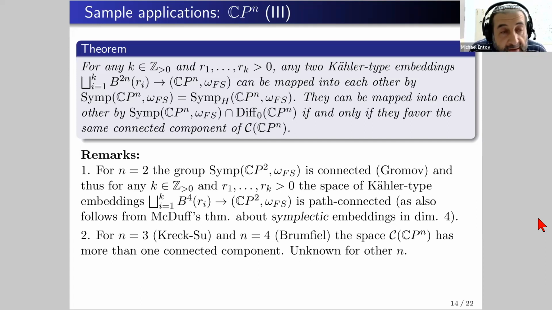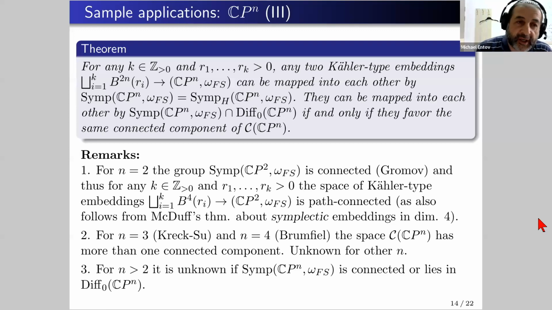And for other n, it's actually unknown. For CP10, it's not known whether the space of complex structures on CPN has more than one connected component. Also, let me remark that for n greater than 2, it's unknown whether the group of symplectomorphisms is connected or lies in Diff-zero. Do there exist exotic symplectomorphisms of CPN for n higher than 2? It's unknown.